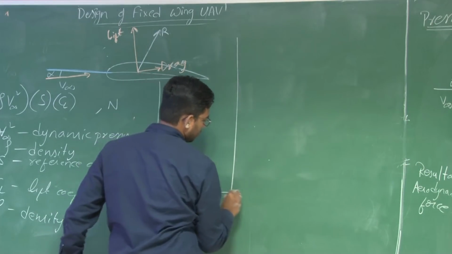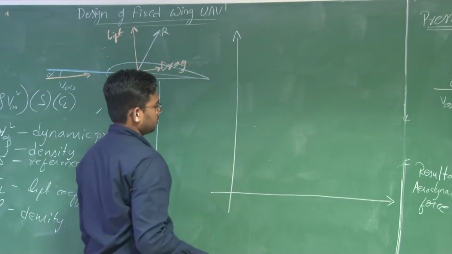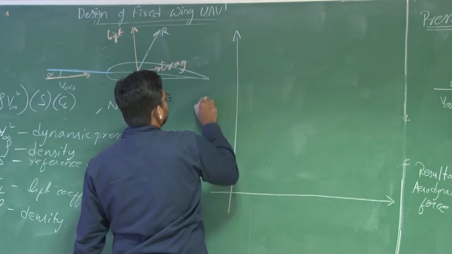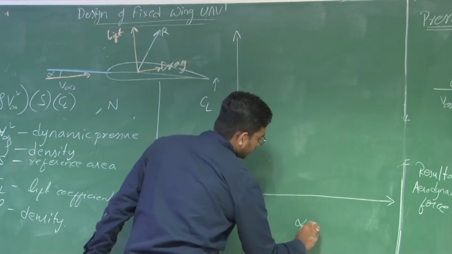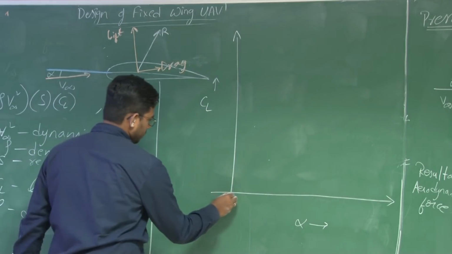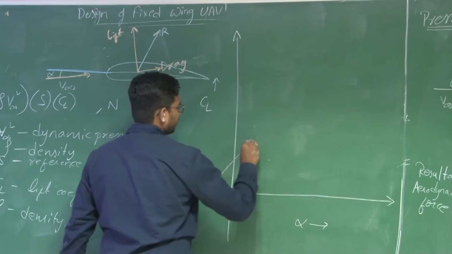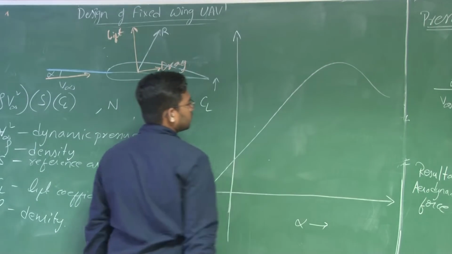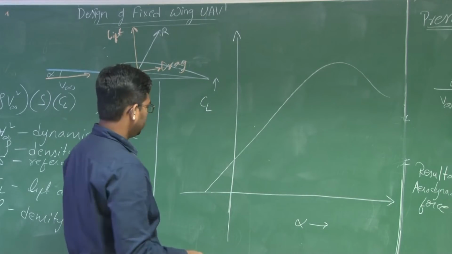So now let us vary this alpha and see how CL varies. CL is plotted along the y-axis and alpha is plotted along the x-axis. So for a cambered aerofoil, this is how typically the CL versus alpha plot looks like.